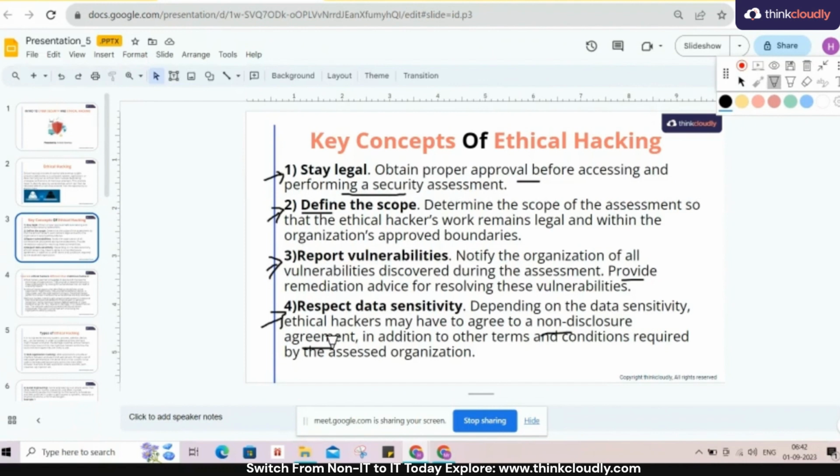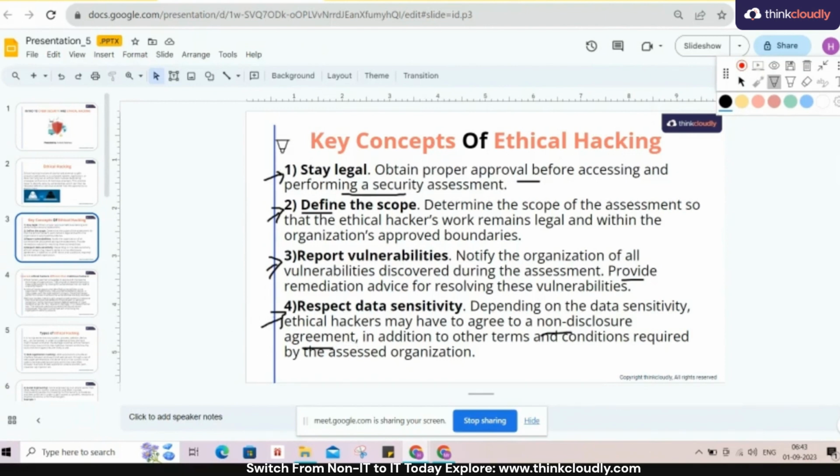If you share, there will be legal compliance consequences, they will take legal steps against you, and you may also have to pay a fine. That's part of respecting data sensitivity.